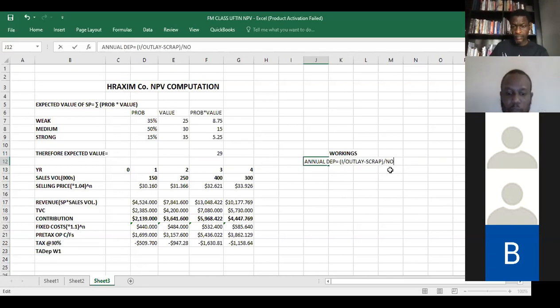So divided by number of years, 5 million, right? 5 million. So that's 5,000 minus 500. Divided by 4.